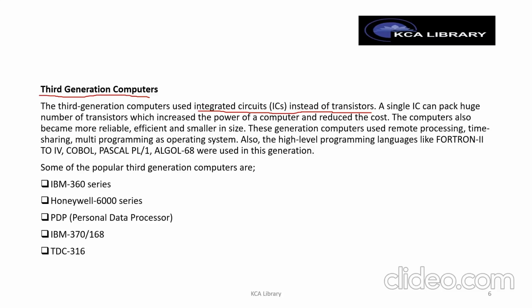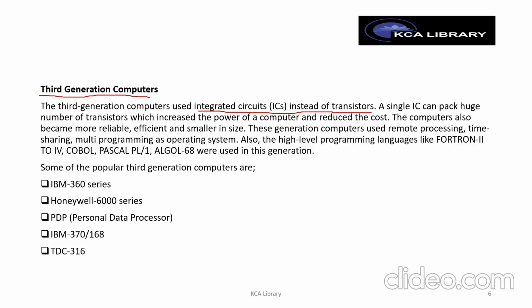The computers also became more reliable, efficient, and smaller in size. These computers used remote processing, time sharing, multi-programming operating systems, and high-level programming languages like Fortran 2, COBOL, and Pascal.